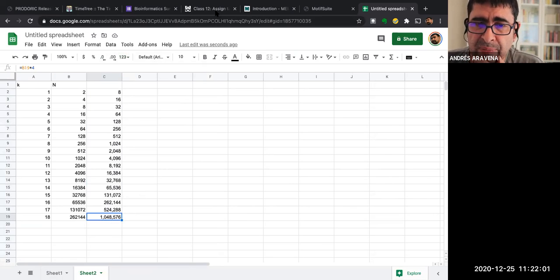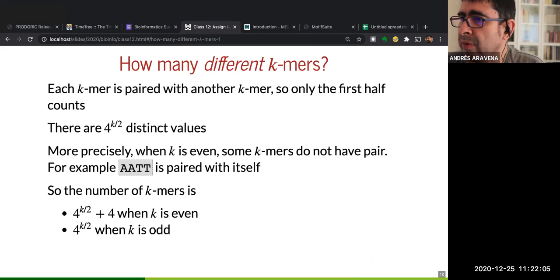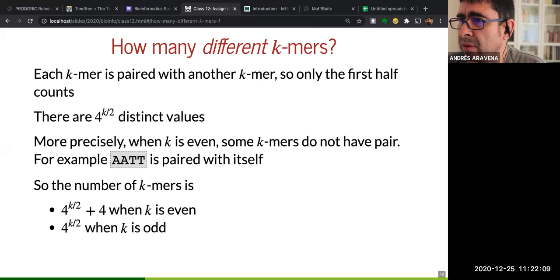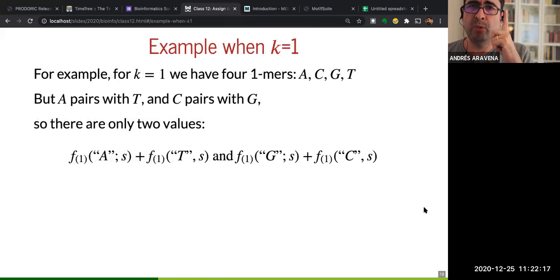Okay, back to the class. So when k equals 1, which is a very extreme case, you have four possible k-mers, A, C, G, or T. It's a one-letter thing, no?